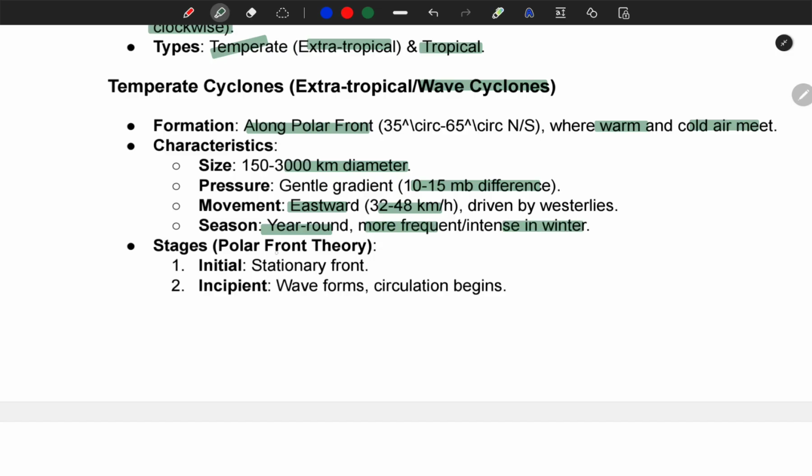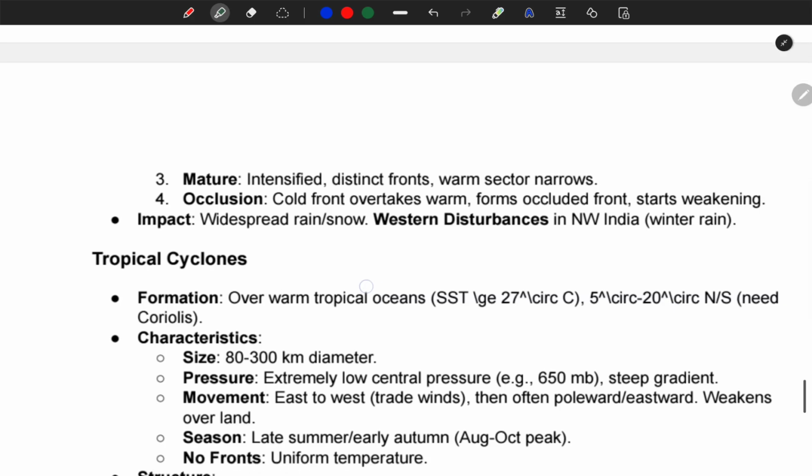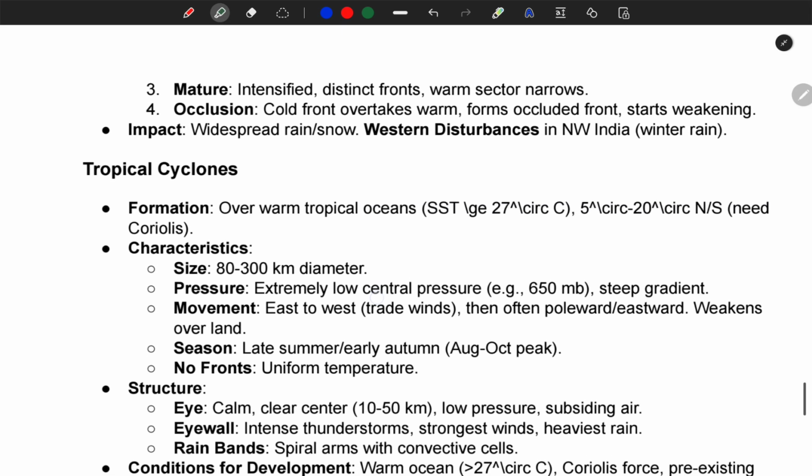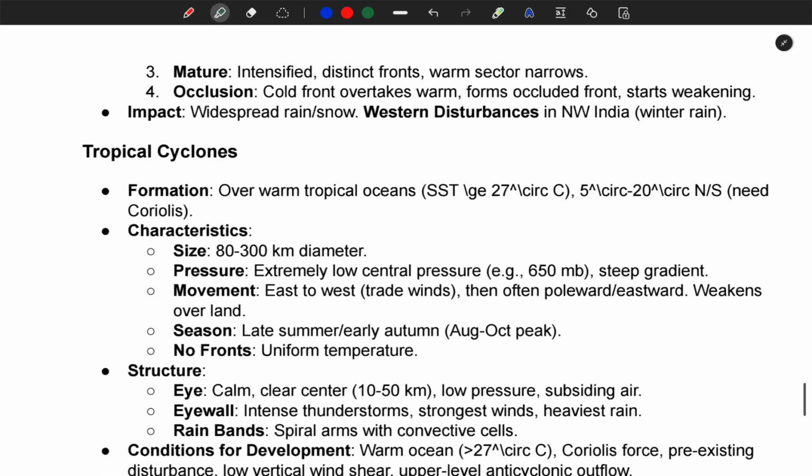Stages, polar front theory: initial stationary front; incipient wave, circulation begins; mature, intensified frontal system; warm sector narrows; occlusion, cold front overtakes, forms occluded front, starts weakening. Impact: widespread rain, snow, western disturbance in northwest India.